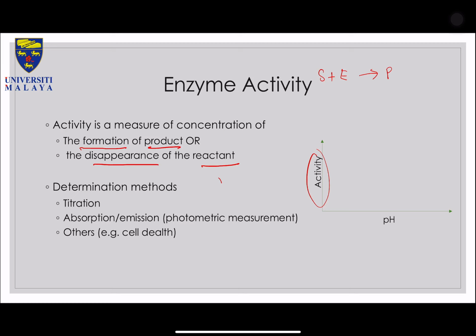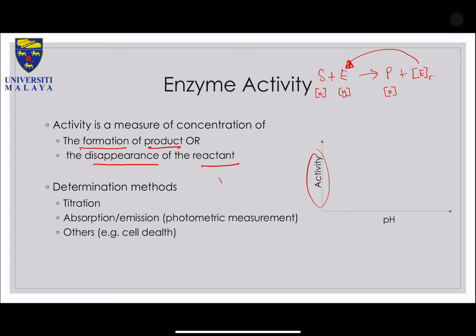Here, the substrate initially has a certain concentration, X, the enzyme has a certain concentration, Y, and we also have a certain concentration for the product. But at the same time, the enzyme regenerates, and this enzyme concentration is the same as that.